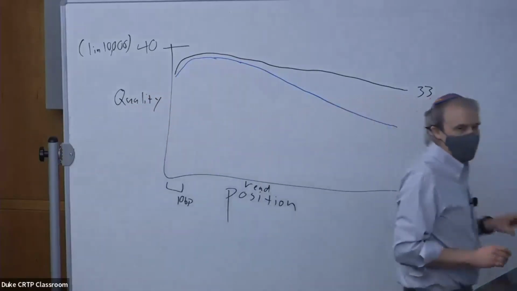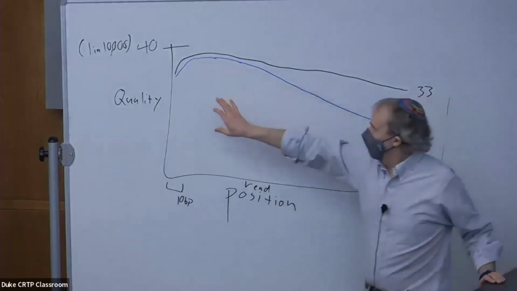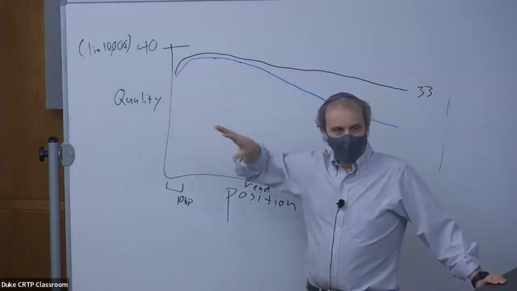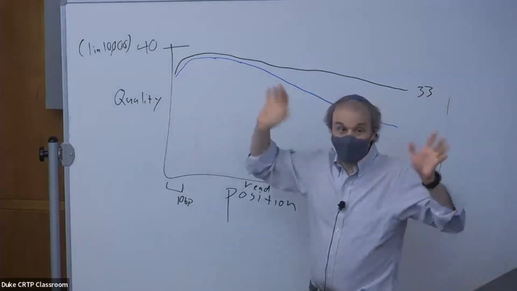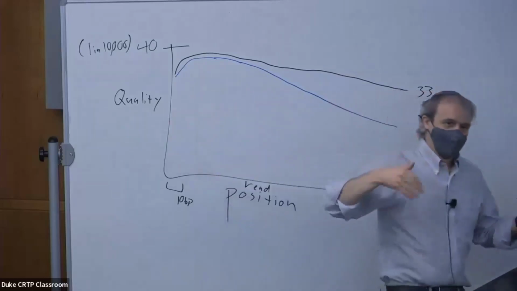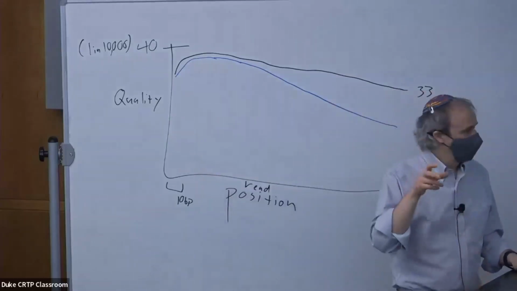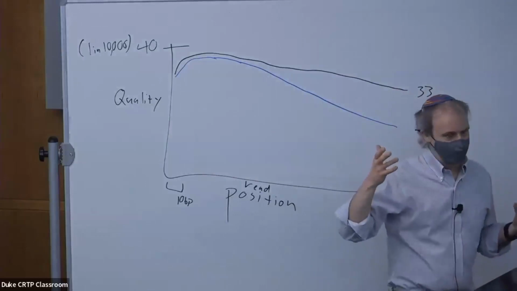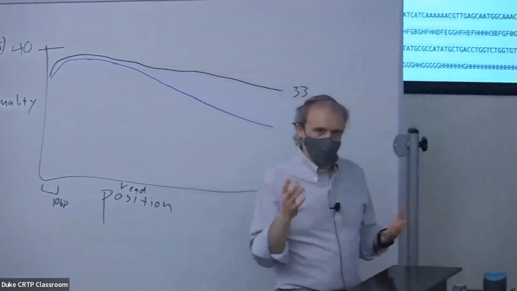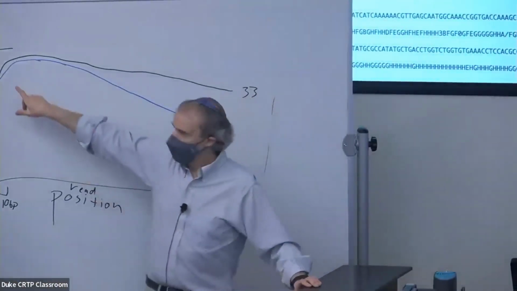My guess for the reason is that at the beginning, things are just getting started. Again, this is a little bit hand-wavy, but maybe you had a few spots where the bridge amplification didn't work well, but they survived for a few cycles.